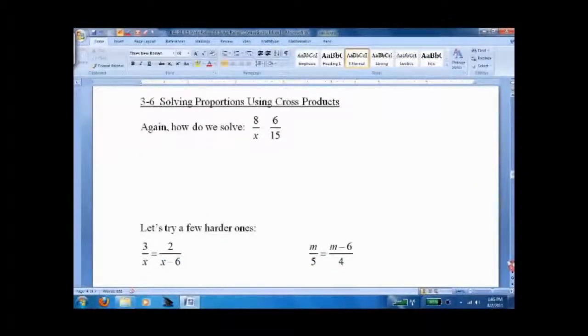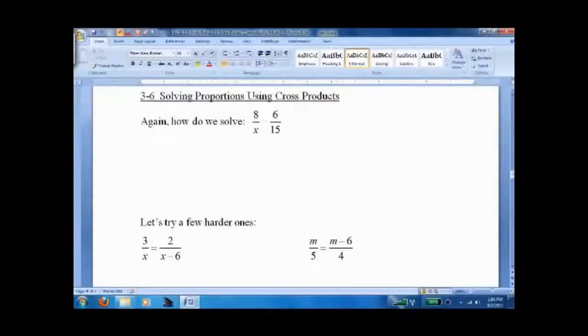Now, I already talked about using cross products or cross multiplying. So we do the Jimmy Neutron, and notice, where's the variable now? It's in the bottom of the fraction. So you could still solve it a different way, but this seems to be such an easy method that most people like to use it.